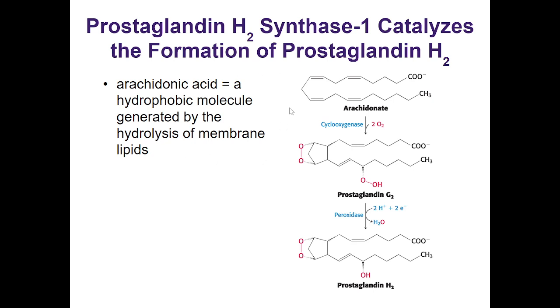Okay, so this is arachidonic acid. It's a hydrophobic molecule. It's going to be generated by the hydrolysis of membrane lipids. And again, that's the arachidonate right there. This is actually the oxidation here. This gives you prostaglandin G2. Prostaglandin. Have we heard about this before?